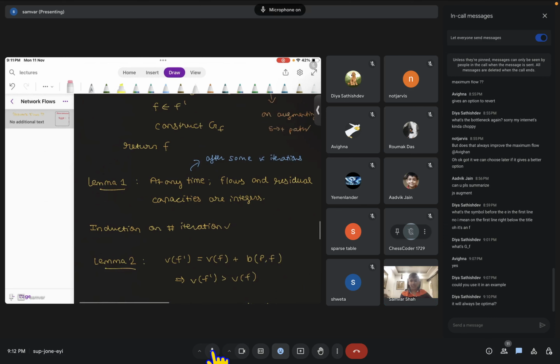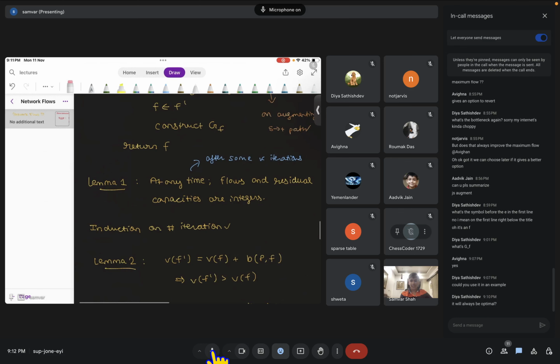This is the next lemma: if I did augment and I got Vf dash, and if Vf was my original flow and b was my bottleneck, then Vf dash is going to be greater than Vf, which basically is saying that the bottleneck is positive. The proof of this is quite nice.